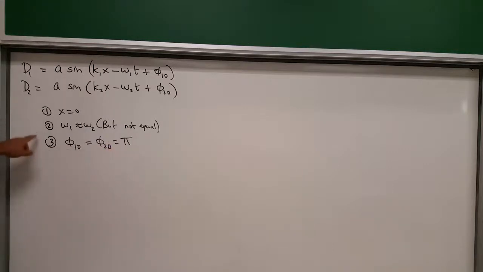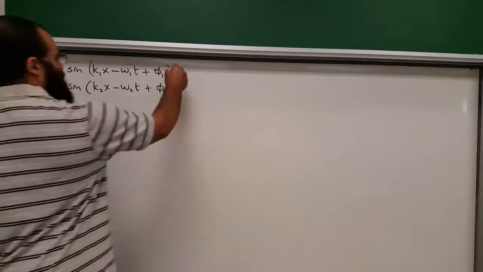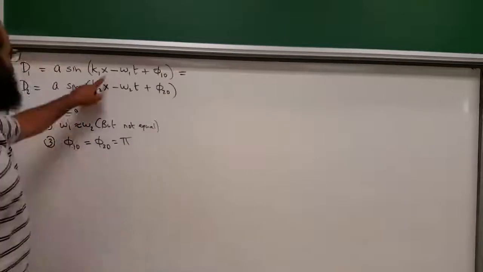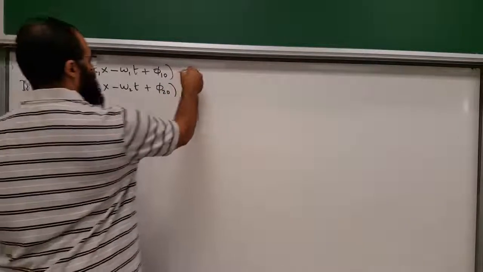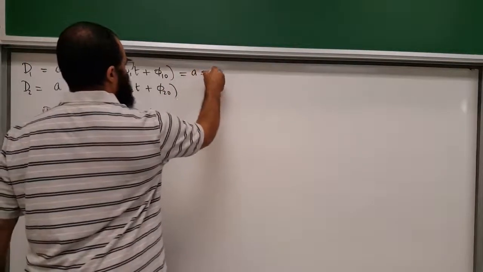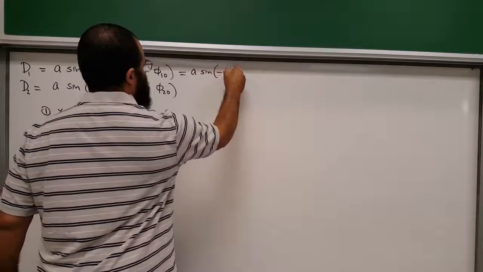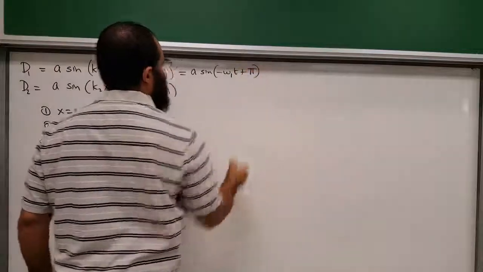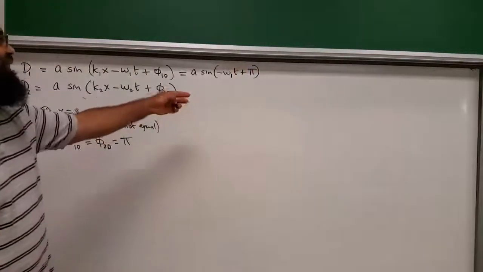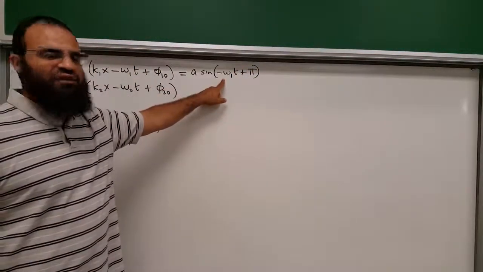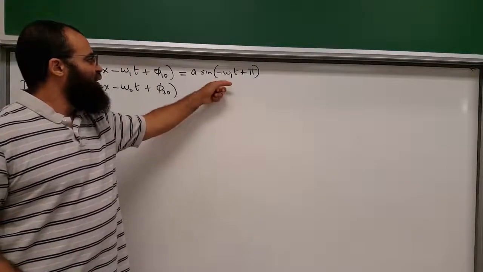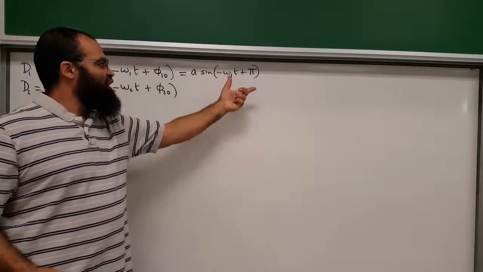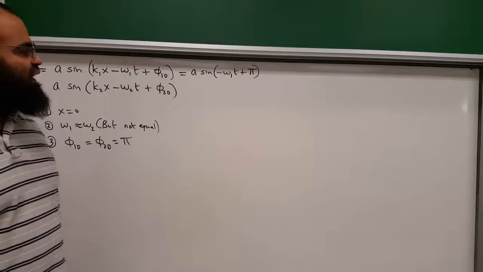So let us write d1 with this simplification. With x equal to 0, this part goes away, so we just have a times the sine of negative omega 1 times t plus phi 10, which is equal to pi. The reason we chose pi is just to get rid of this annoying negative sign. The sine of an angle plus pi is the sine of the negative of that angle.